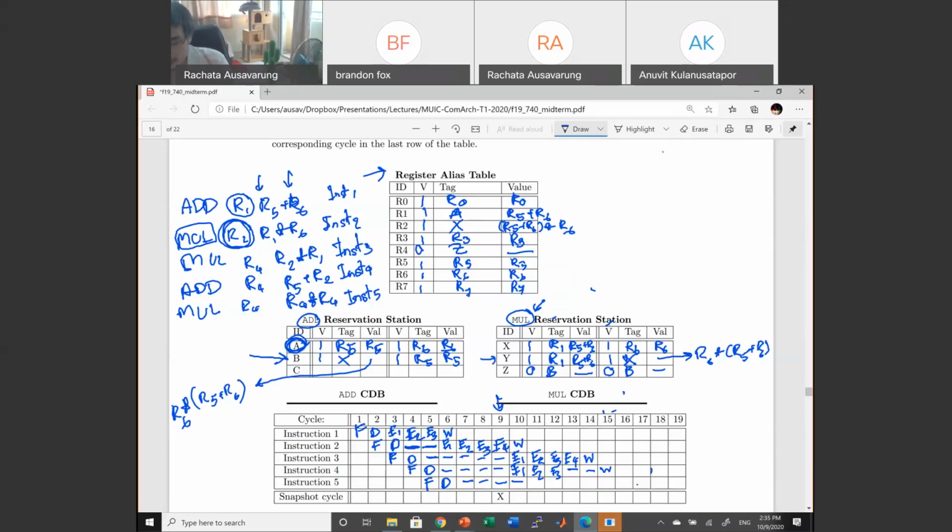Basically, it goes to search who needs Y. At this point, does anyone need Y? Do you see anyone that needs Y?